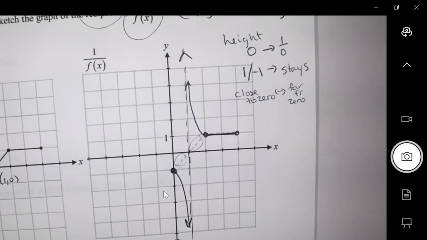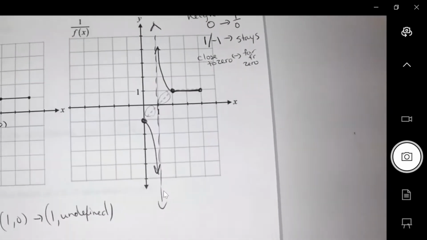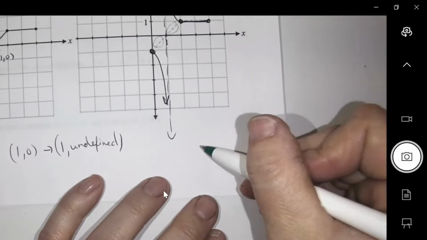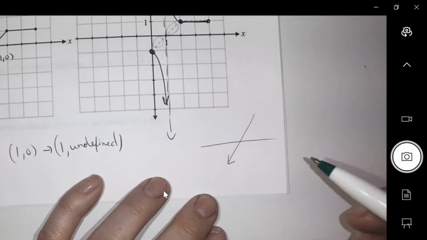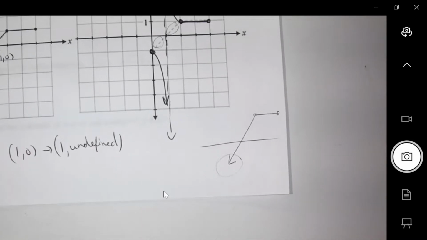How would I know when to add a horizontal asymptote yet? What would make me add a horizontal asymptote? Anybody know? What if my graph added this?